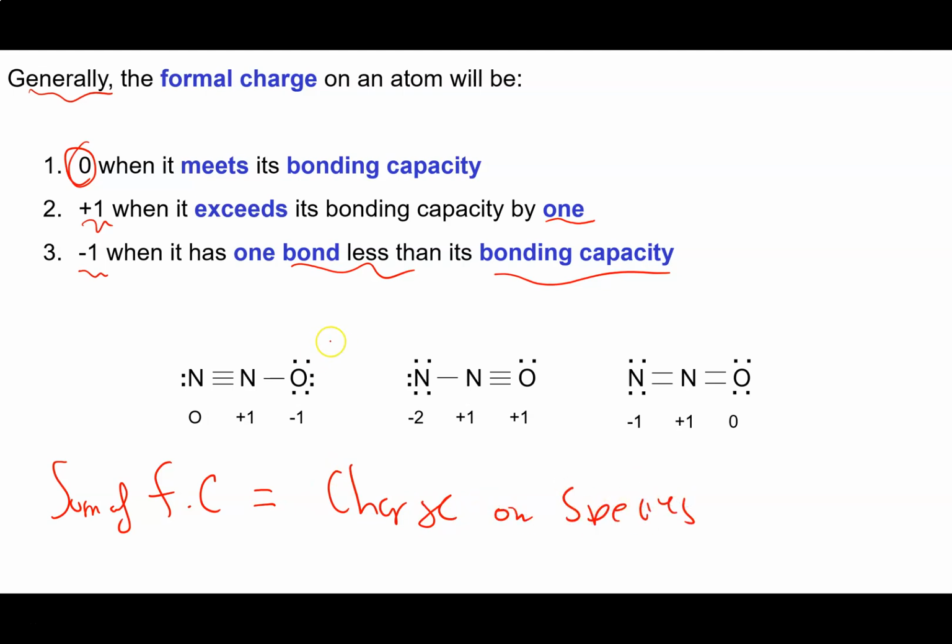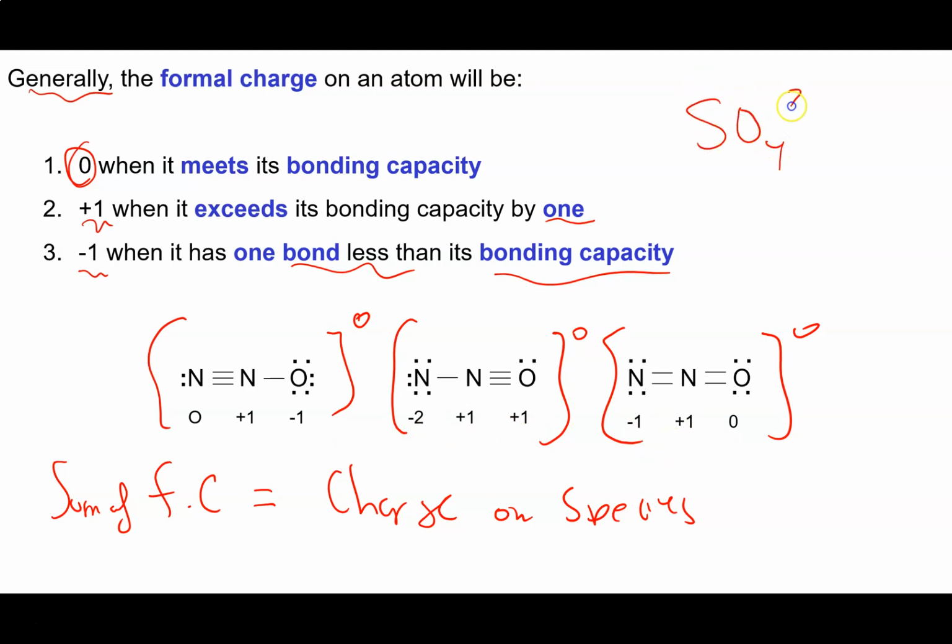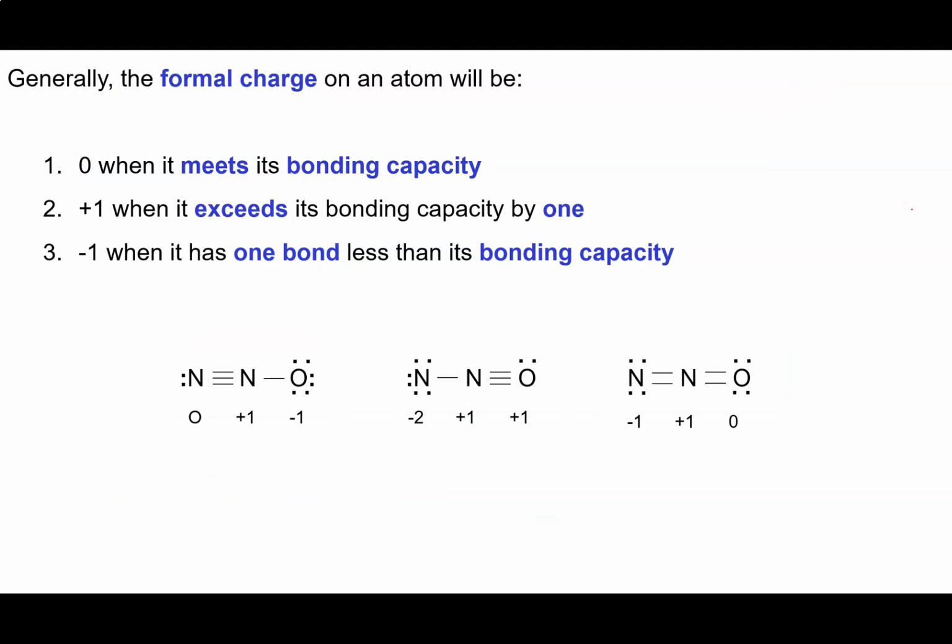As these are molecules, they all have a 0 charge, and your formal charges all add up to 0 in each case. If you have a polyatomic ion, say sulfate, then the formal charges, when you add them together, will equal the charge on your polyatomic ion.